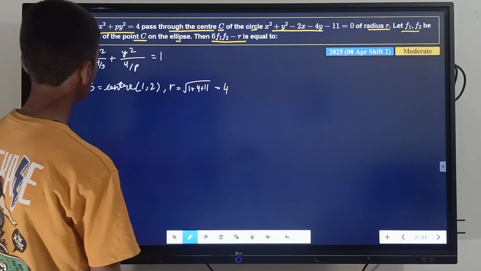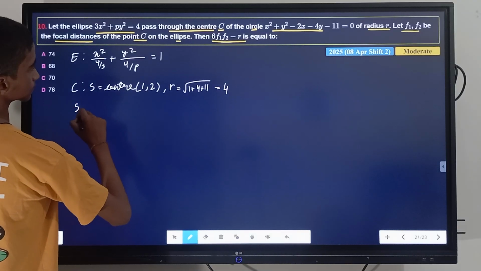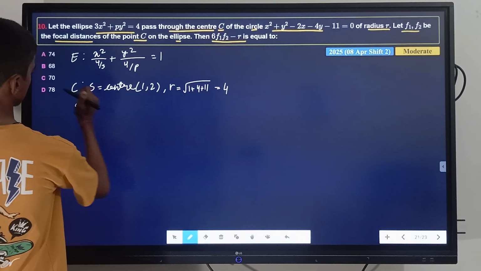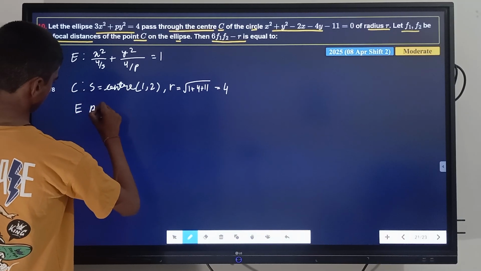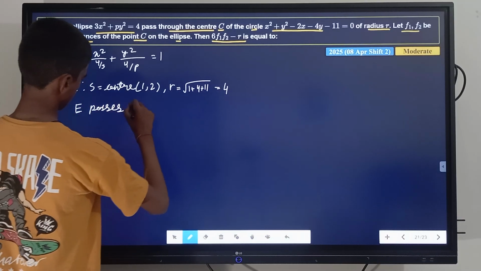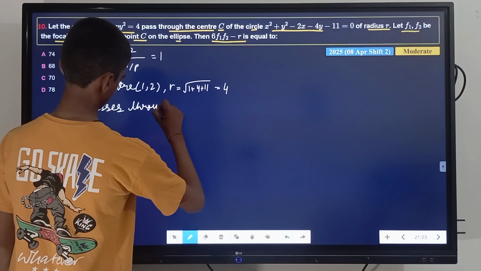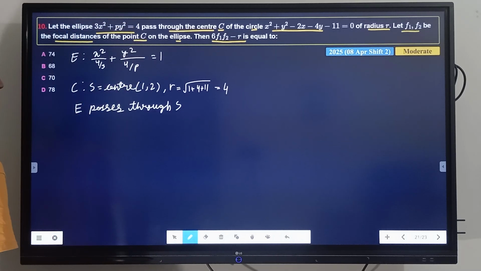Now the ellipse passes through the center.